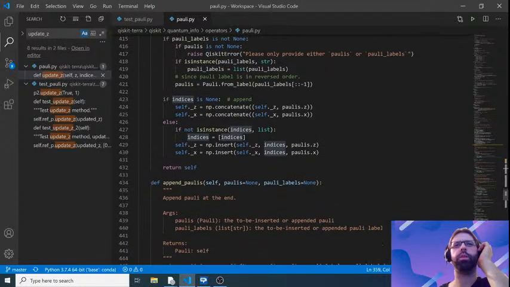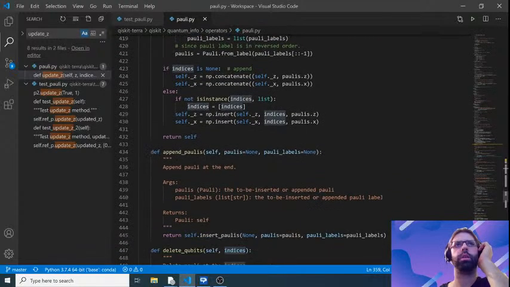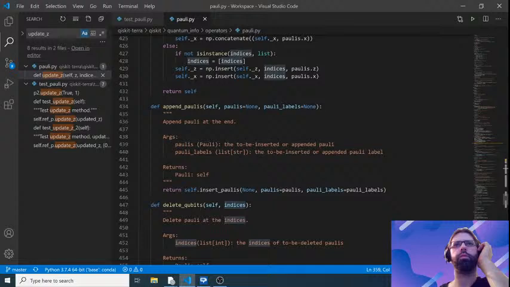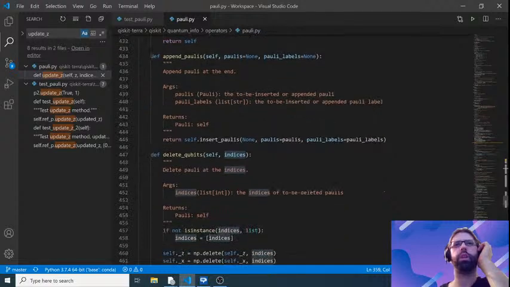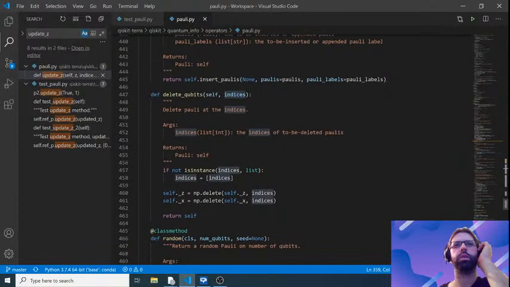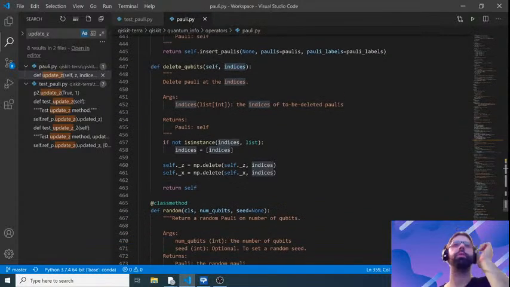Append Paulis at the end. But at the end of what? Delete qubits? Random. Return a random Pauli.